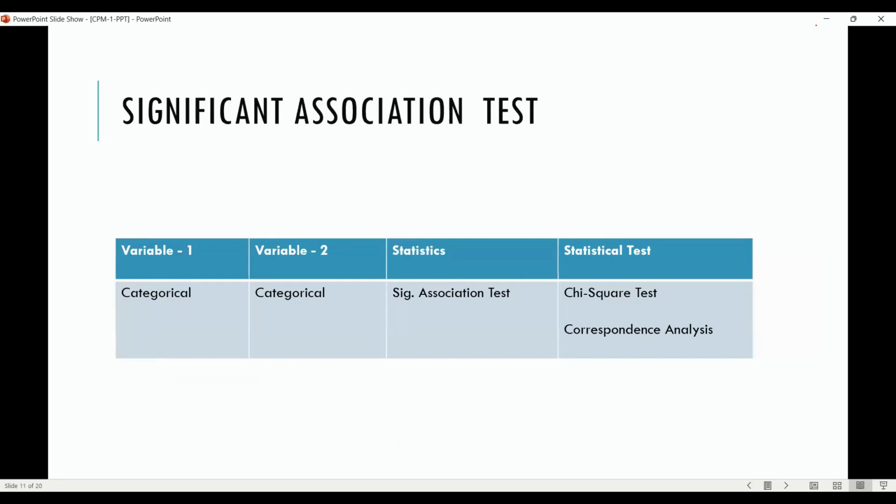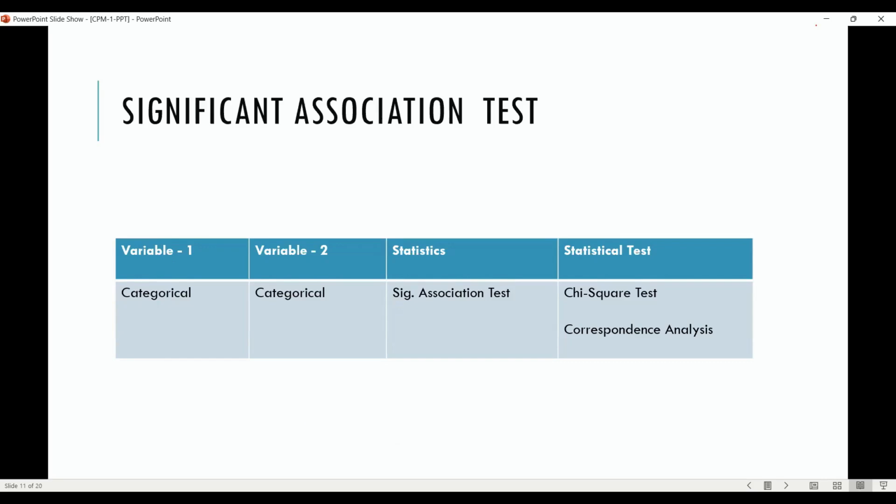So now let me tell you what kind of statistical technique needs to be employed based on the test. Say, for example, if both the data are categorical in nature, at that point of time, we will be using significant association test.